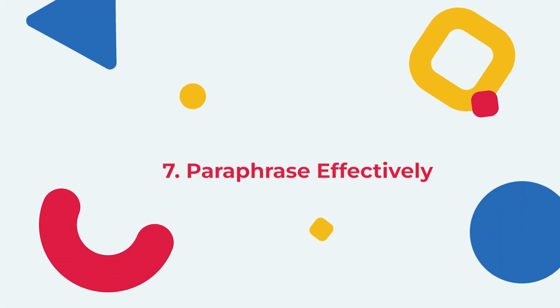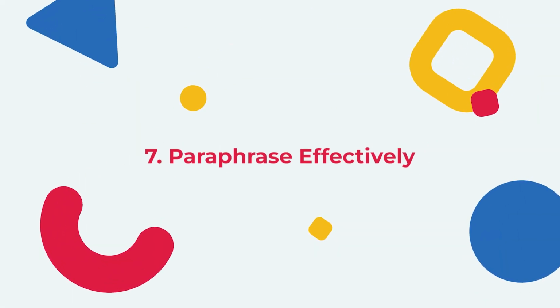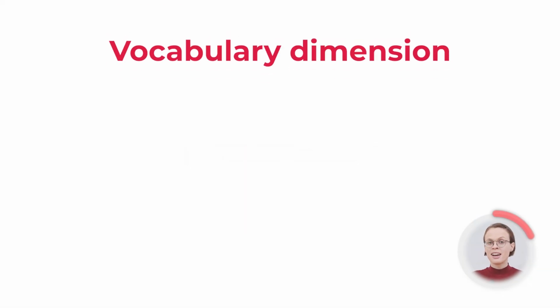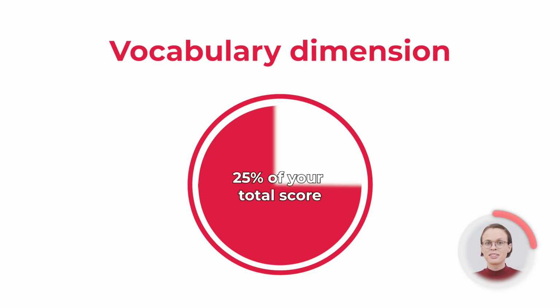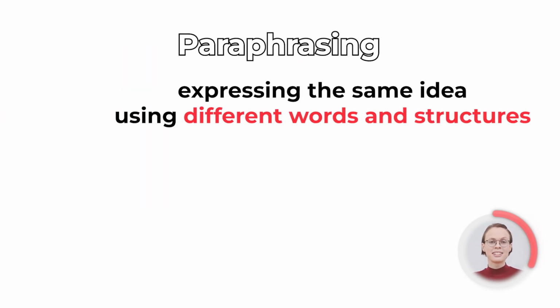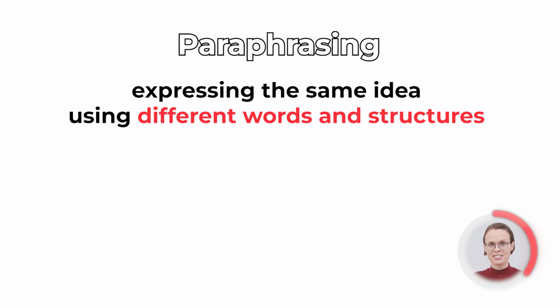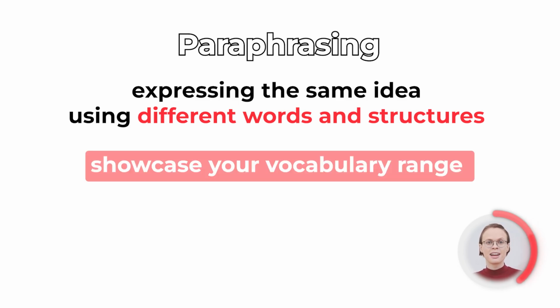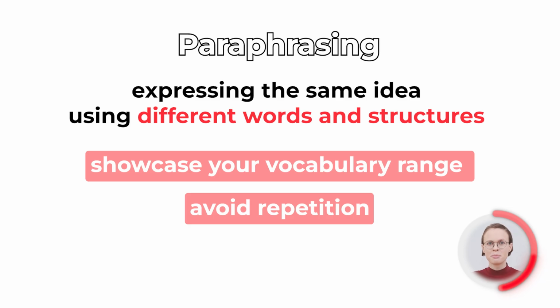Tip number 7 is to demonstrate advanced vocabulary through paraphrasing. This is crucial for scoring high in the vocabulary dimension, which accounts for 25% of your total score. Paraphrasing means expressing the same idea using different words and structures, allowing you to showcase your vocabulary range and avoid repetition.